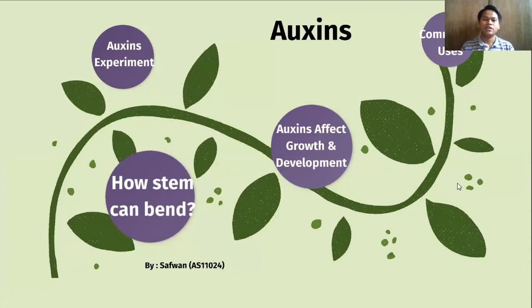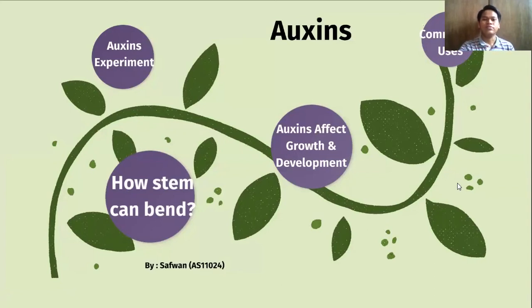The first part will explain one of the experiments that has been done by scientists. The second part is how the stem can bend. The third part is how auxins affect growth and development. And the last part is the commercial uses of auxins.